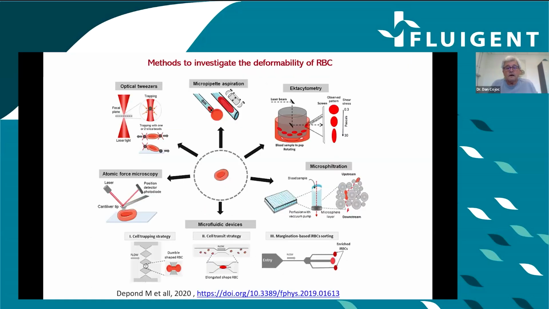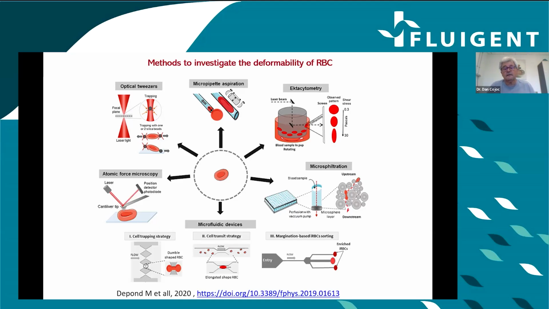There are, of course, also other techniques that allow us to measure mechanical properties of the cells. Among these, optical tweezers is one technique that I use a lot. The difference is that in this case, the forces which can be applied are much, much smaller. So it is a difference in the range of forces. Atomic force microscopy, microfluidic devices, microfiltration, and ektacytometry.